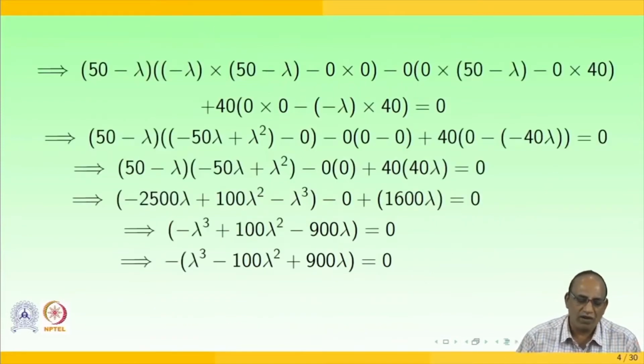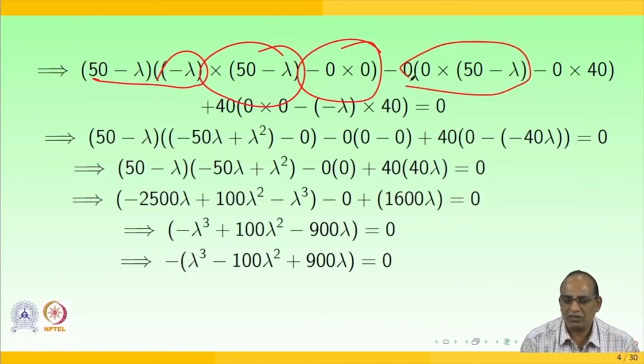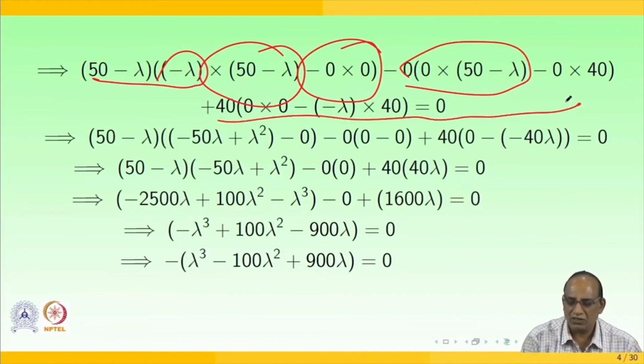And when you expand this determinant: 50 minus lambda times minus lambda and 50 minus lambda, minus 0 times 0, minus 0 times this 50 minus lambda, ultimately it would be equated to 0.